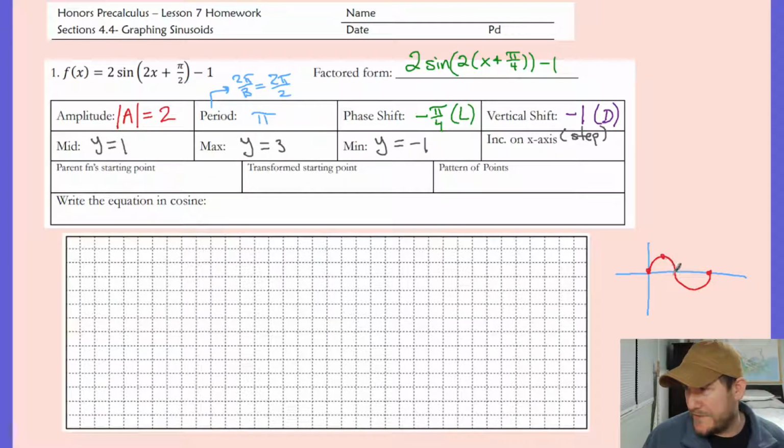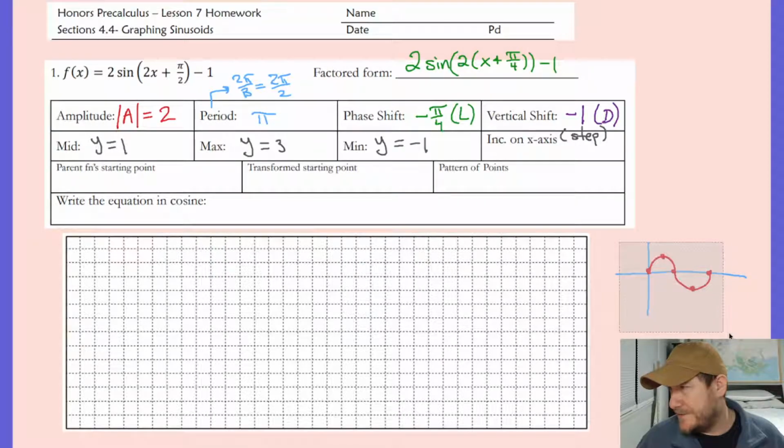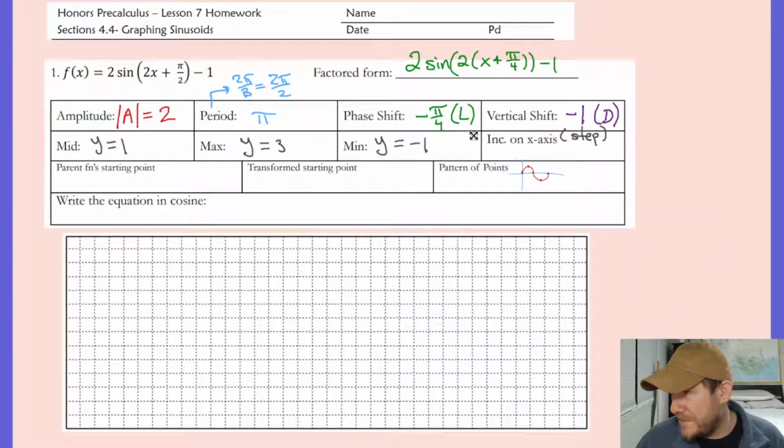And this is basically the pattern of points for our sine function, which actually means we could take this little drawing and put it right here in the pattern of points category. We want to start on the midline, up to a max, the min, the mid, I'm saying this wrong: mid, max, mid, min, mid. It's like a tongue twister almost.